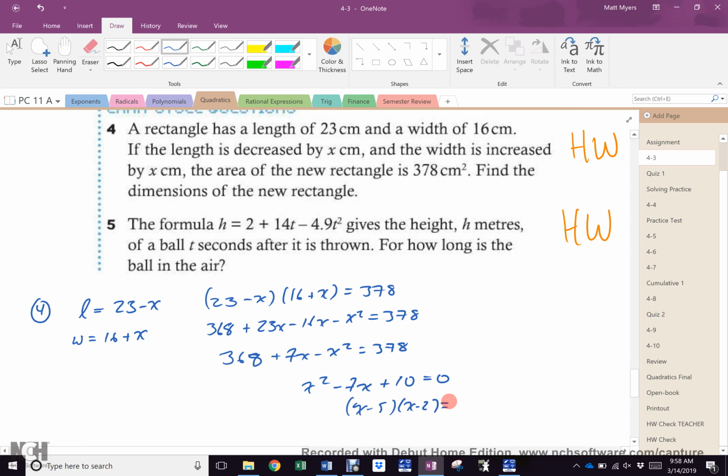So what are the values of x? The values of x have to be 5 or 2, correct? So if it's 23 minus 5, what do I get? 18, and 16 plus 5 is 21. What's 23 minus 2? 21. What's 16 plus 2? 18. And I get my answers.